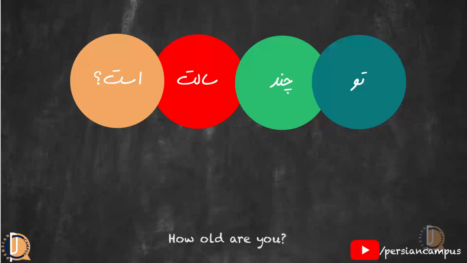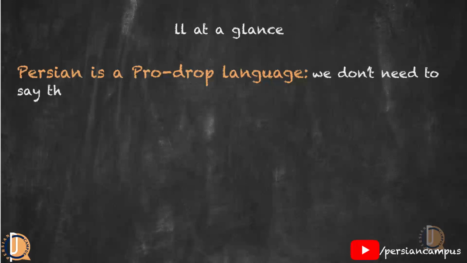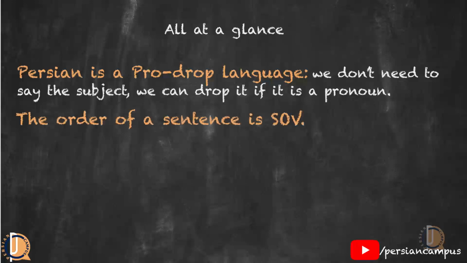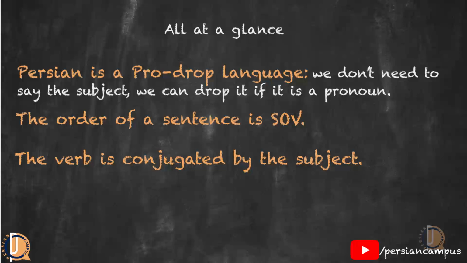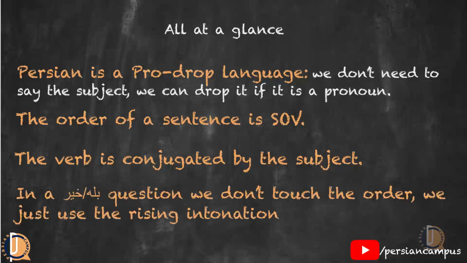Now here is a quick review of what we have learned. Persian is a pro-drop language. You already knew that. That is, we don't need to say the subject. We can drop it if it is a pronoun. The order of a sentence is SOV. The verb is conjugated by the subject. In a بله خیر question, we don't touch the order.